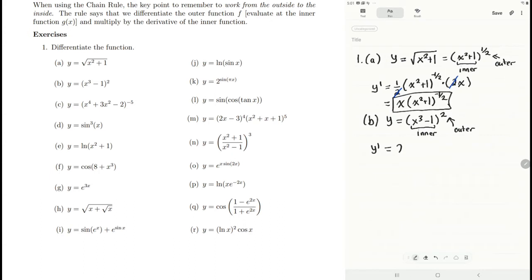So we have 2 times the inner function, which we leave unchanged, and then we subtract 1 from the exponent. So 2 minus 1 is 1, so we don't need to write the exponent of 1. And then the chain rule says to multiply by the derivative of the inner function. So the derivative of x cubed minus 1 is 3x squared. So simplifying, this can be written as 6x squared times x cubed minus 1.